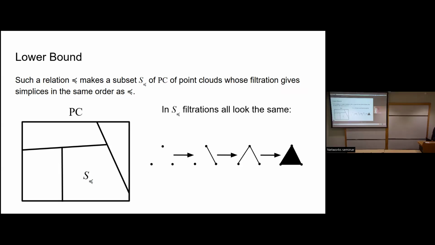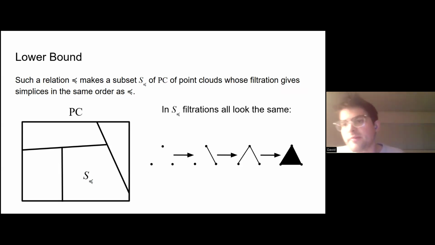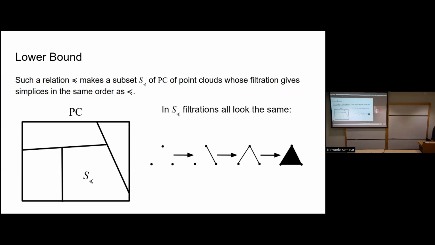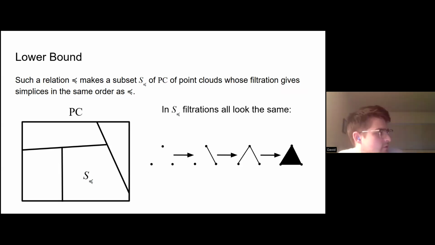Or the dimension that you measure is relative to the dimension of the isometry, right? No, the dimension I measure is not relative to that. Oh, I see what you're saying. Conceptually, you have another lower bound that's naively given by the dimension of the orbit of your point cloud under the isometry group.